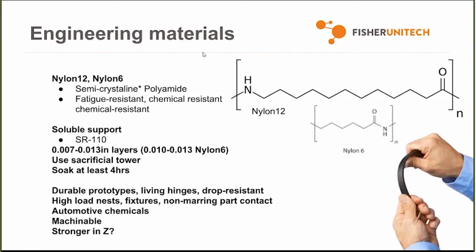Nylon 12, all nylons, are very hygroscopic, and that means that they absorb moisture from the air, and that really, really hurts printability. So it is very important, especially for nylons, and as we start getting into more of the high performance materials, to keep those materials dry. Same goes for the support materials, SR100, SR110, all of the Ultem supports.